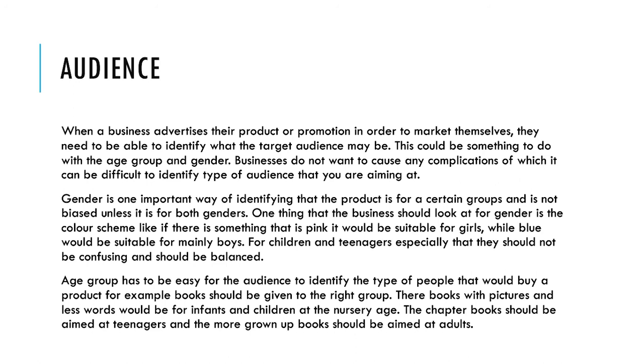So books with pictures and fewer words should be aimed at infants and children at nursery age, like early years or early school age, like reception, year one, year two maybe. Chapter books should be aimed at teenagers and the more grown up books should be aimed at adults.